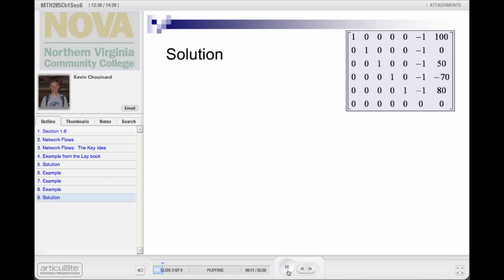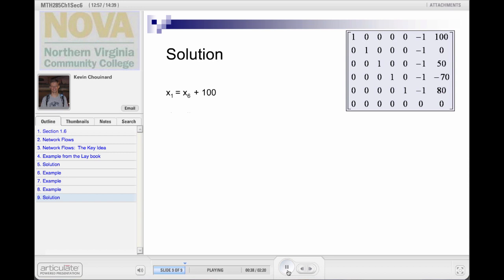and so from that we can basically read off the solution to this system in a very nice form. So let's start with the first equation there. That very first row of the augmented matrix is basically telling us that x sub 1 minus x sub 6 equals 100. And adding x sub 6 to both sides, you get that x sub 1 is going to be x sub 6 plus 100.